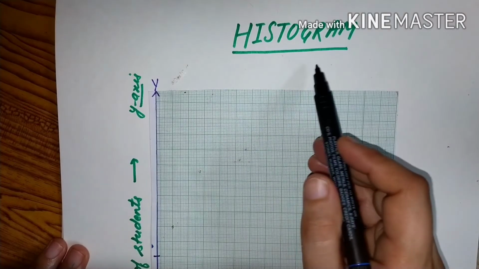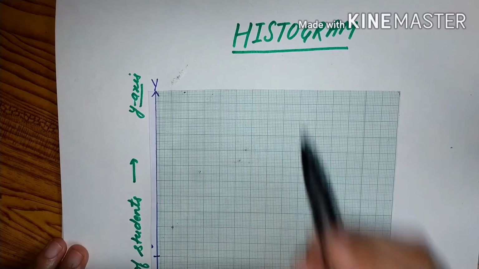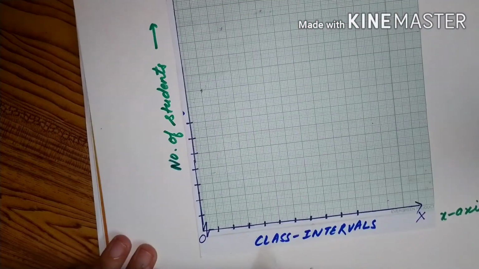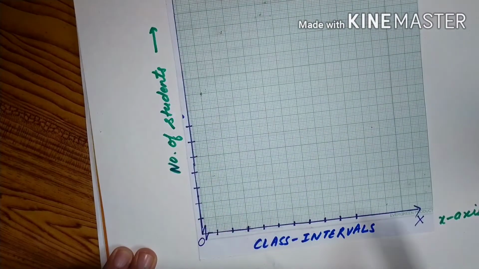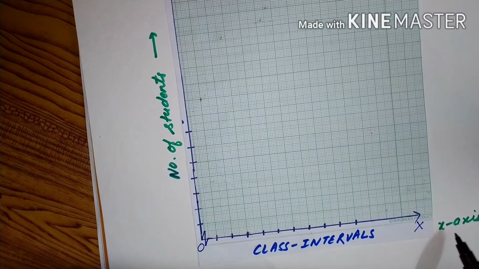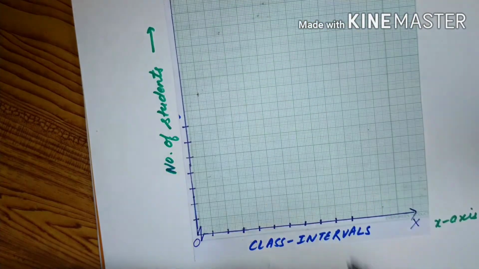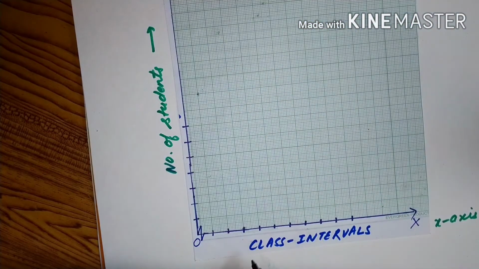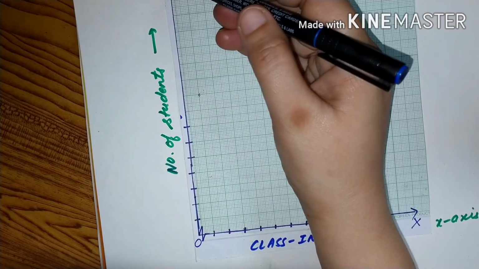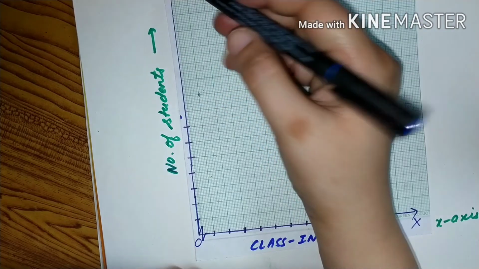Now let us draw the histogram for the grouped frequency distribution table which we have made. For that you have to draw two axes, x-axis and y-axis. As you know, horizontal axis is called x-axis and vertical is called y-axis. On x-axis always we will take the class intervals and on y-axis always the frequency, and here the frequency was about number of students.